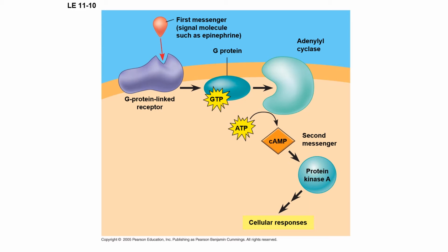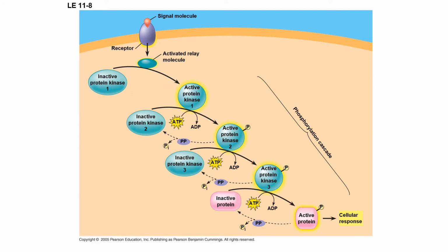The G protein has this cascade effect to make something called cyclic AMP. Another way to look at it is you have an inactive form becoming active, which causes another group of enzymes to become active, and then it continues and cascades down, increasing the amount of reactions taking place.